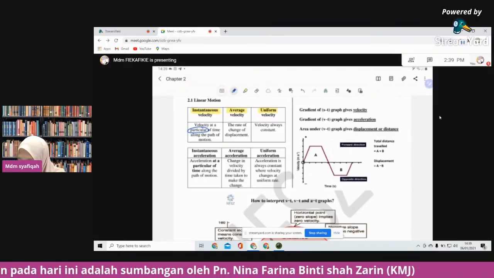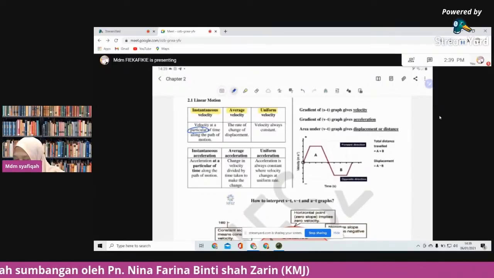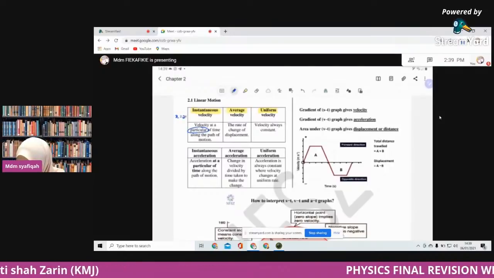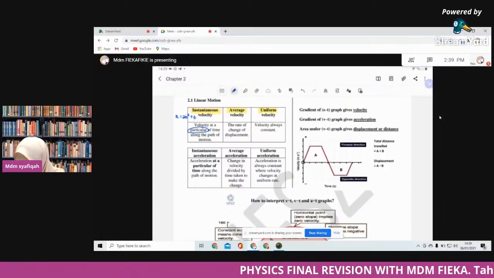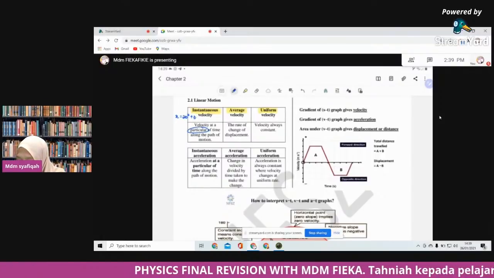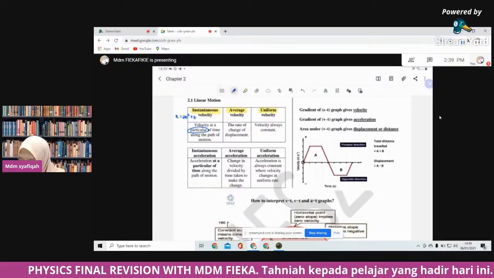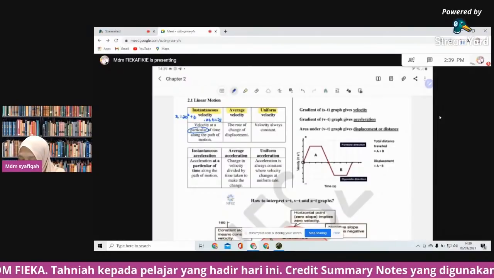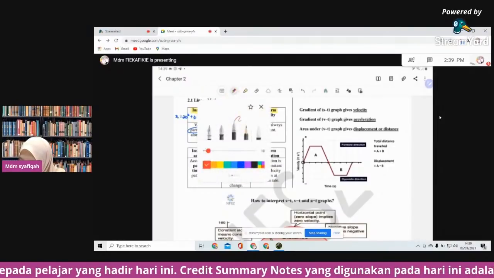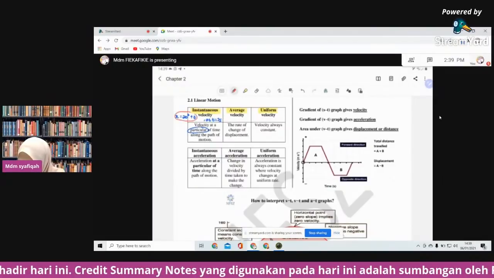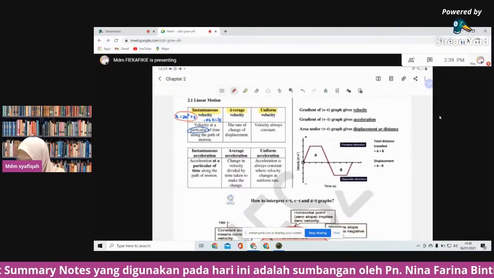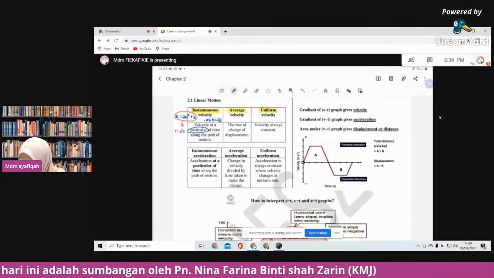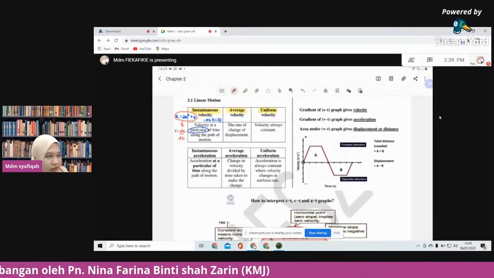Let's say we have an equation of x in terms of t, and we want to find the instantaneous velocity at t equal to 2 seconds. You must know that this is a displacement equation, so you need to differentiate this equation first. As we know, v is equal to dx over dt.